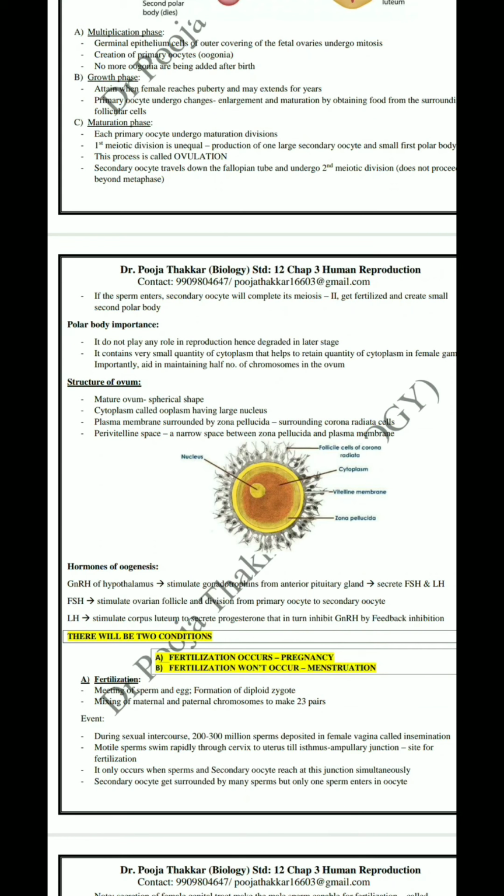For example, here in this particular situation, we can say these gonadotrophins, which are released from the anterior pituitary gland, will transfer towards the gonads to produce FSH and LH. So FSH, that is follicle stimulating hormone in females, will stimulate the ovarian follicle development and division of the primary oocyte towards the secondary oocyte. I mean, that is helping in the meiosis process. And the next thing is LH, that is luteinizing hormone, which is stimulating the corpus luteum to secrete progesterone, that in turn inhibits the GnRH by feedback inhibition.